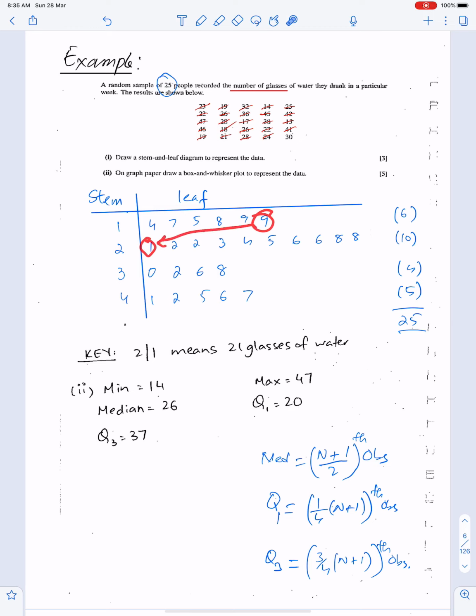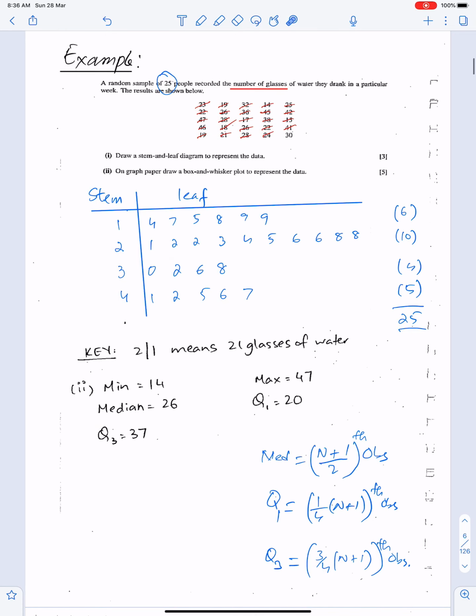So the answer should be 20. And this must be the 19.5th, I guess. 19.5th observation. So till here we have 16, 17, 18, 19, 20s. So take the average of these two, 37.